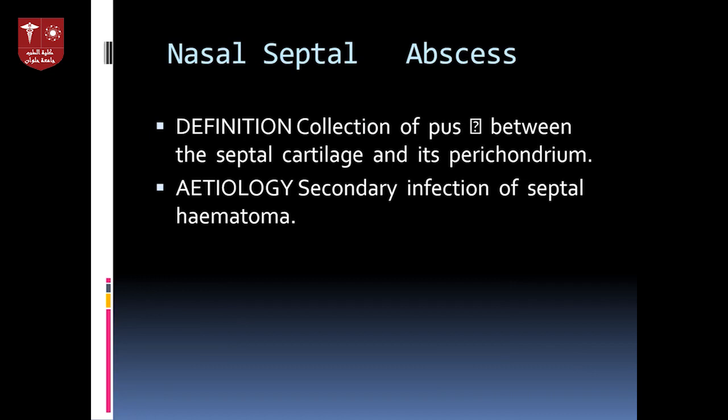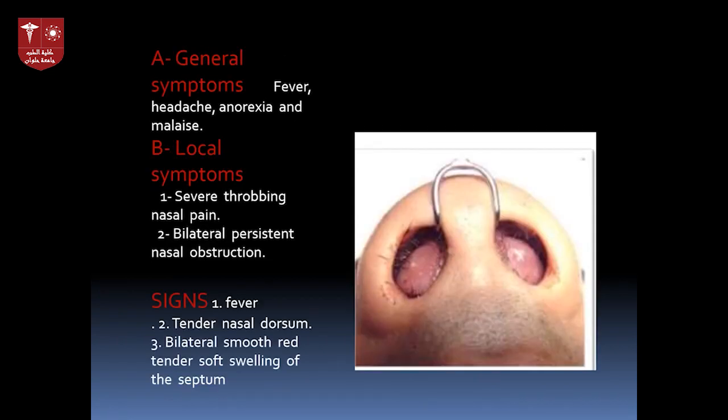Nasal septal abscess. Do you remember the septal hematoma? It's a bit similar, but it gets infected. So it's a collection of pus between the septal cartilage and perichondrium. How is it caused? It's caused by secondary infection of the septal hematoma we talked about before in the same lecture. What are the general symptoms?